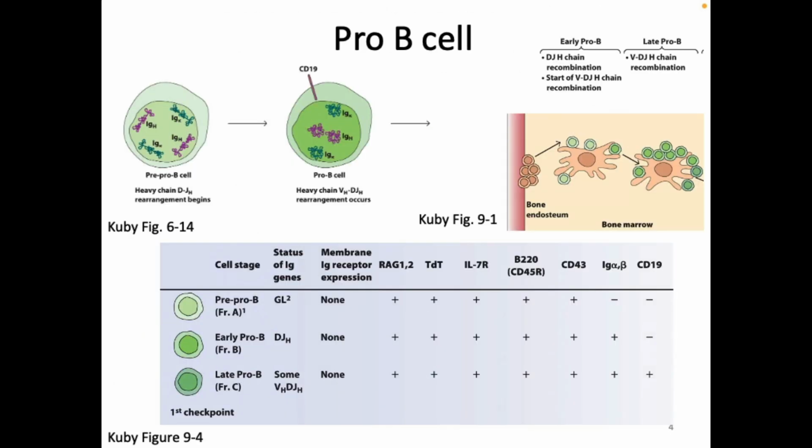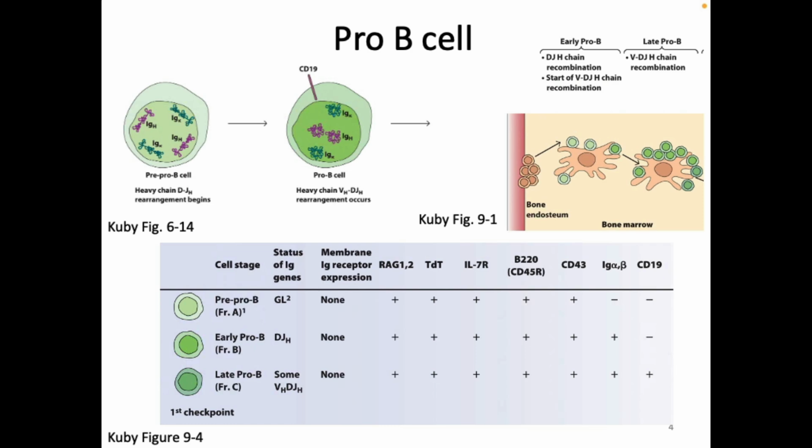Specifically, the pro-B cell is doing two events. Sometimes we can divide the pro-B cell into the early pro-B cell and the late pro-B cell based on which event it's doing. But really, I want us to just think about two events that the pro-B cell is doing.